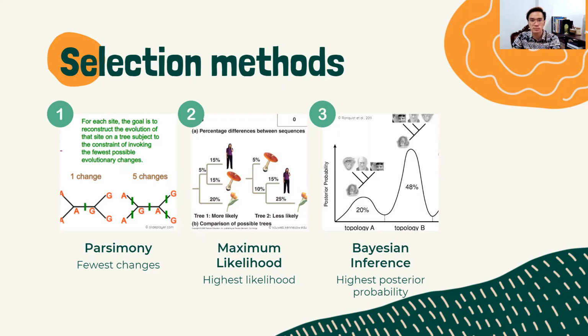Okay, and in that case, fortunately, there is literature telling us which characters actually change more or less frequently, based on available evidence, of course. Essentially, if we know the rates of character state changes, then we are given a model, for example, a model of evolution for that particular group of organisms.